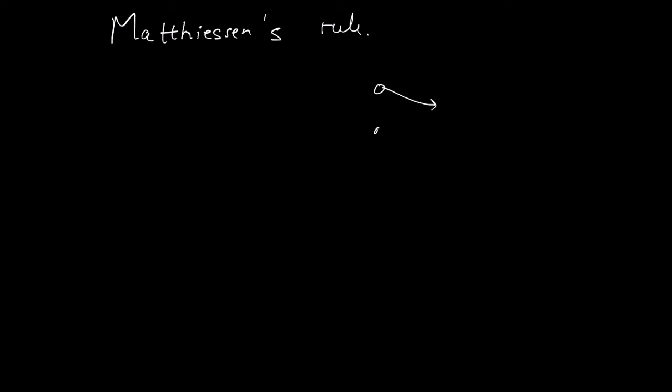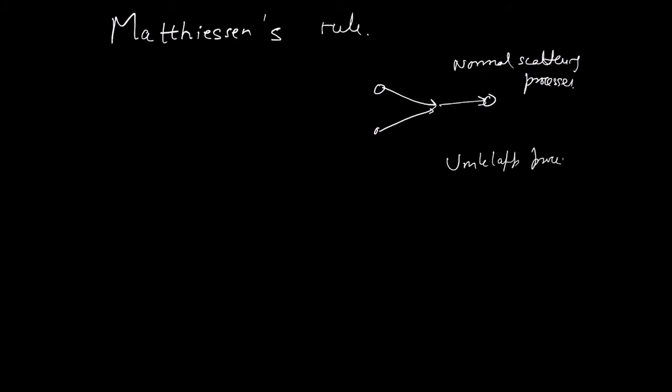One phonon is intersecting with another, giving rise to a third phonon. This was the normal scattering process. And then there was the Umklapp process, where the two phonons go, but the momentum is also transferred to the crystal.